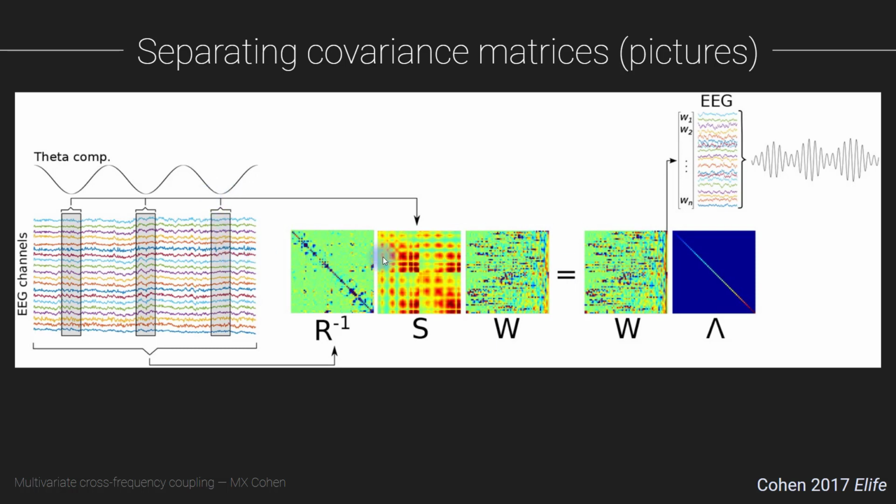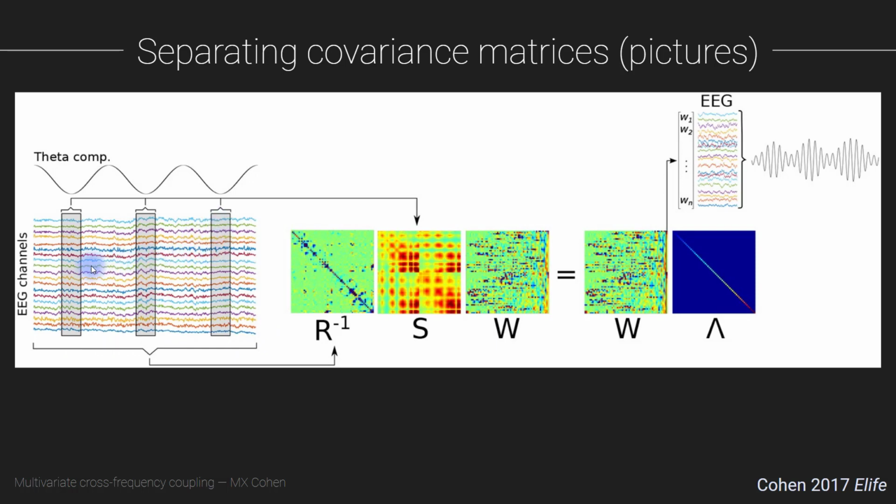So what we're doing in this generalized eigendecomposition here is finding a set of weights that maximally differentiates the signal, the data, during the theta troughs compared to the rest of the signal. Now, if you want, you could also select the R matrix data just to come from the periods in between the troughs. That turns out to be more or less equivalent.